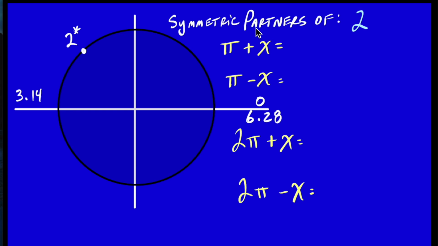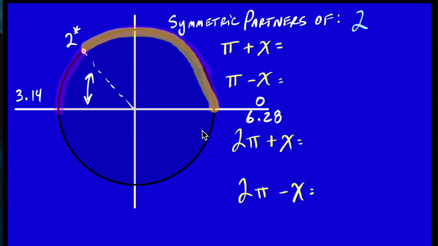Now, folks, that is not our x. Our x is going to be this distance here. All right, now, how do we get that distance? Well, if the distance from 0 to pi is 3.14, and the distance from 0 to 2 is 2, then our x value is going to be 3.14 minus 2.